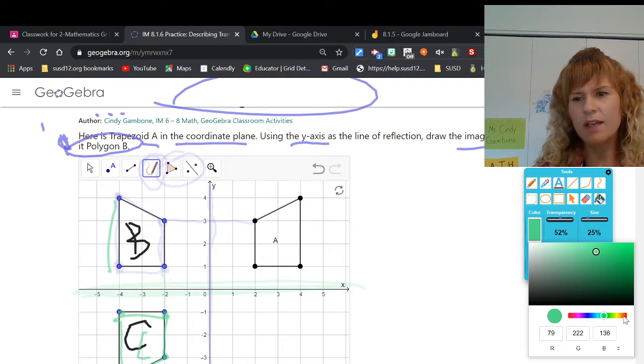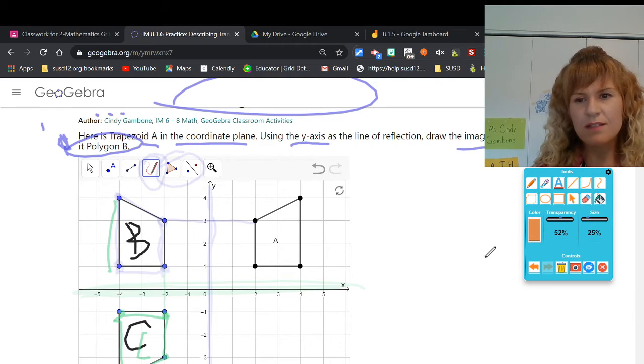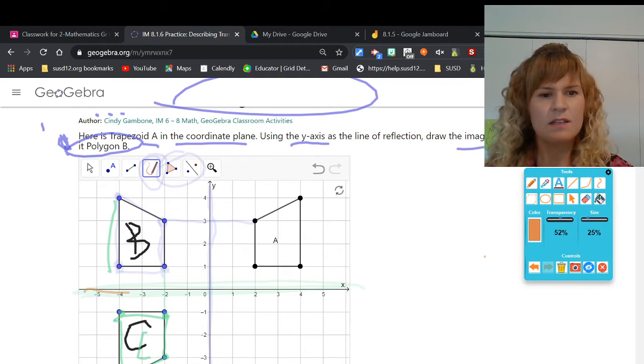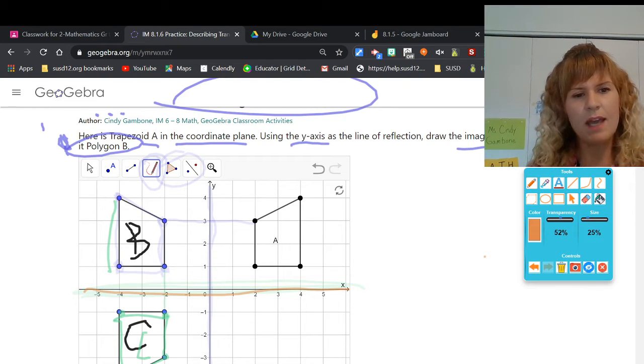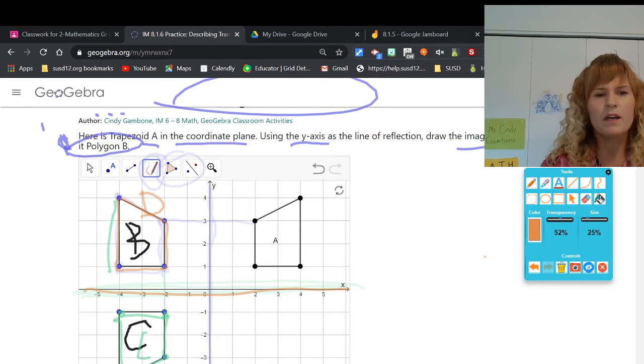Okay, so our line of reflection is still the x-axis. And we are reflecting C back again. So that's just going to go right back here. D is on top of polygon B.